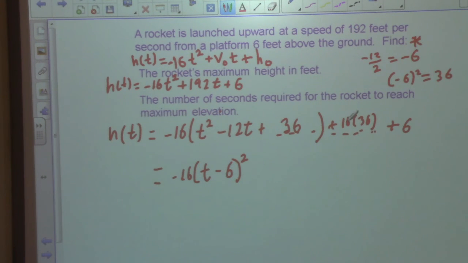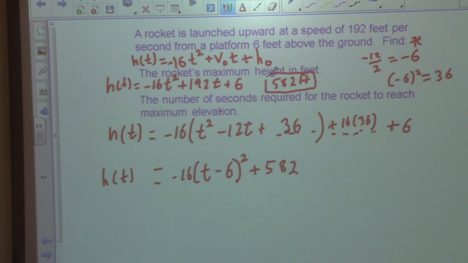And then what's 16 times 36 plus 6? 582, right? So now we can answer the question, which is what's the maximum height? 582 feet.